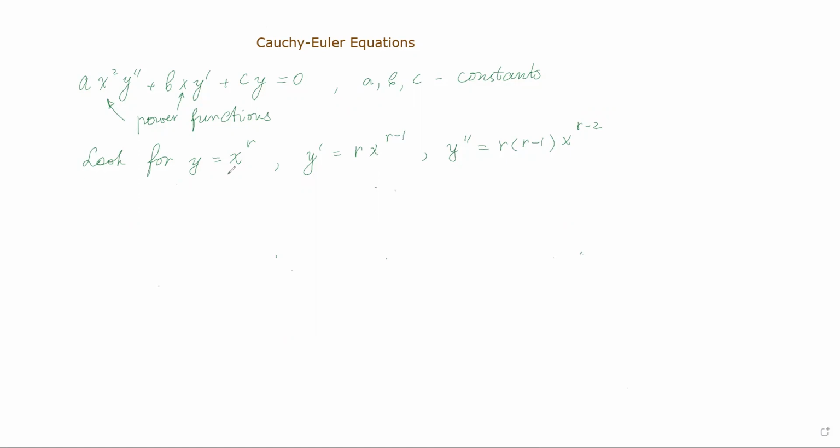I'm going to plug the function, first derivative, and second derivative into the equation and see what we are going to get. And here, if we divide our equation by x squared, we're going to have x in the denominator. That means that we are going to have a discontinuity.